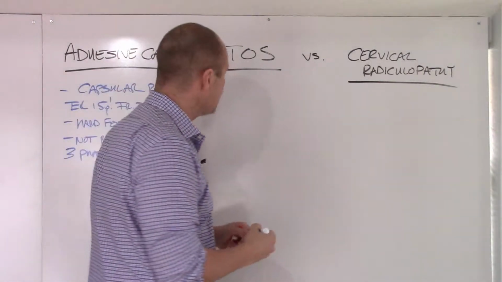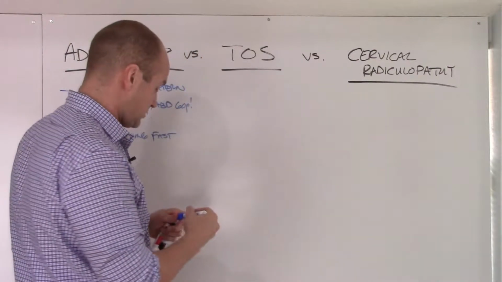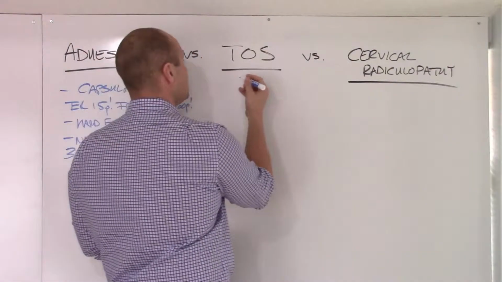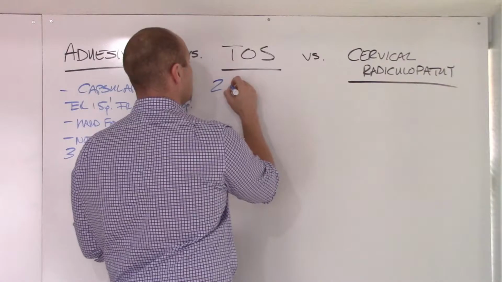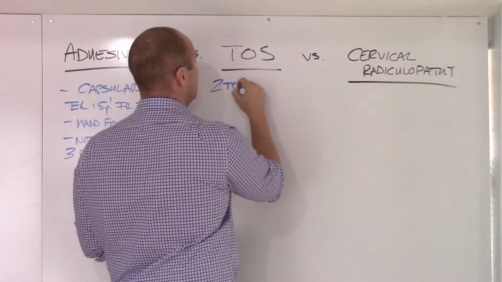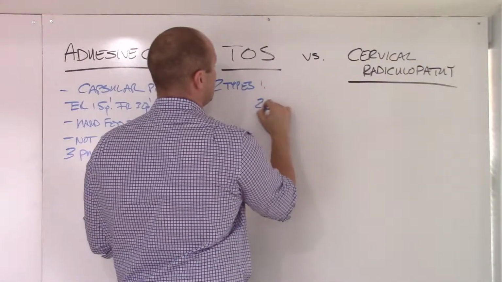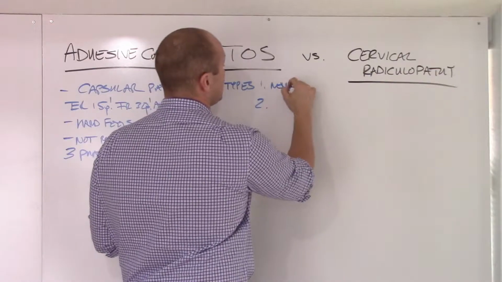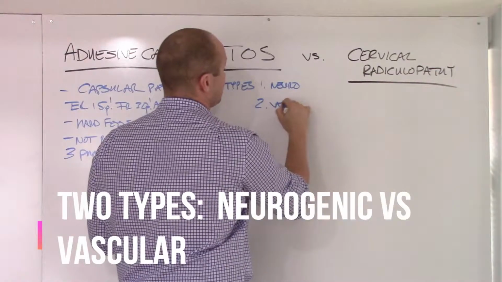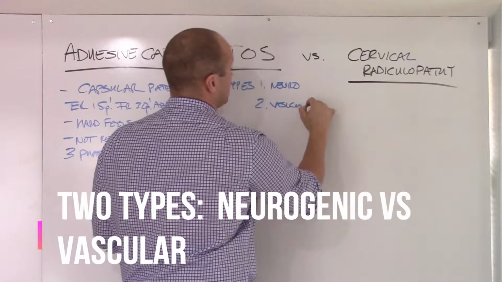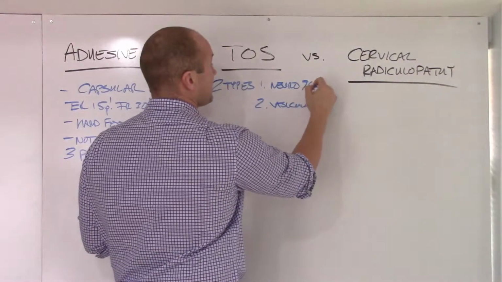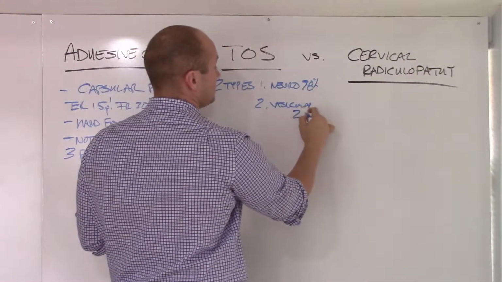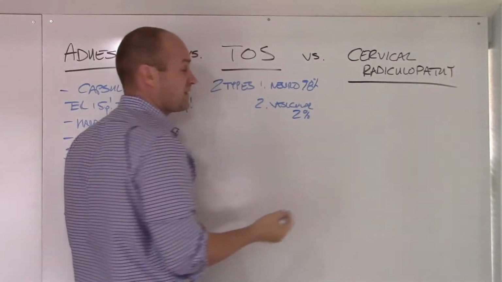Okay, next, thoracic outlet syndrome. There are 2 main types: neurogenic and vascular. We know that 98% is neuro, and I think 2% is vascular.